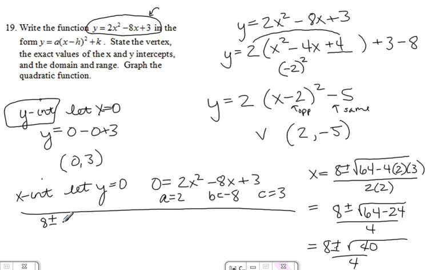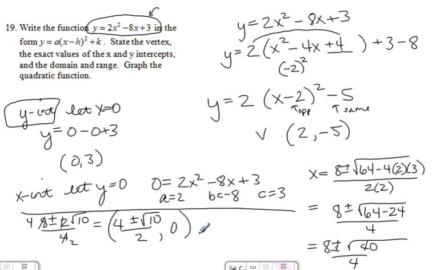So 8 plus or minus 2 square roots of 10 over 4. And then every single one of those terms has a factor of 2. So I would simplify that to be 4 plus or minus the square root of 10 over 2. So the x-intercepts would be those two x values, 0. That would give you the two ordered pairs.